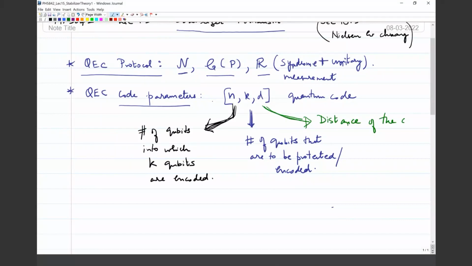And this has to do with the number of qubits, rather, let me say, this tells us that the code can correct up to errors on how many qubits, right? So maybe I should say the number of qubit errors that the code can correct for.